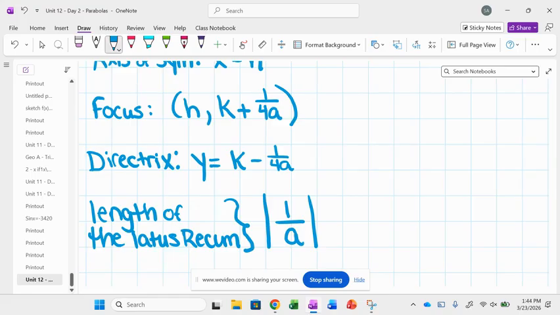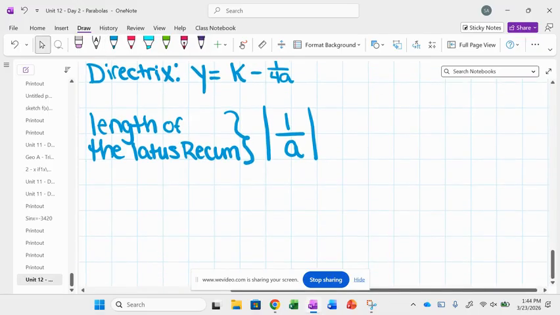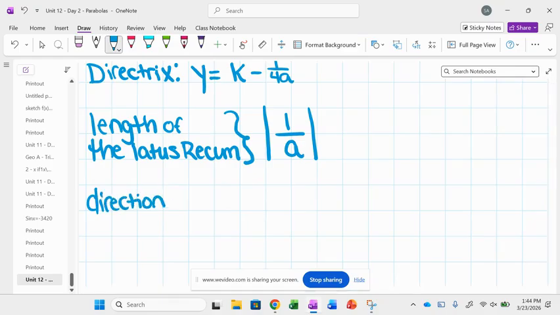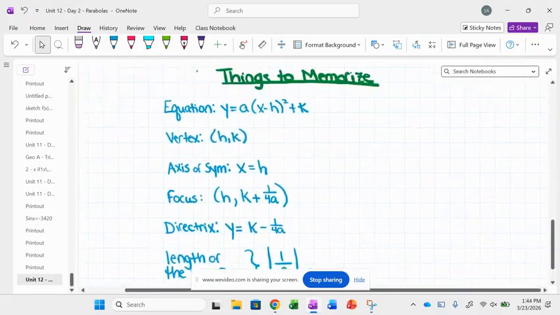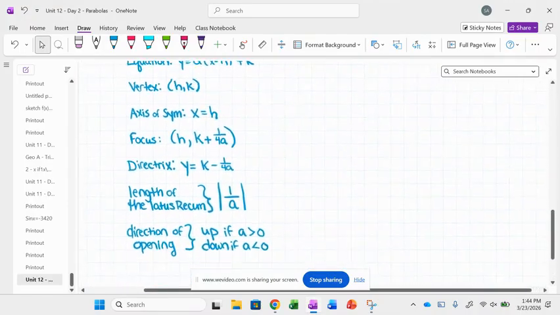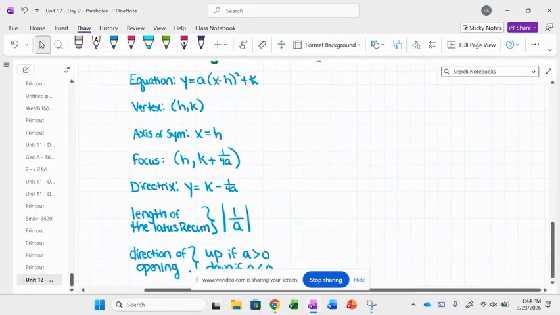Why do you think it's absolute value? Yeah, you can't have a negative length. And then the last thing we do know, direction of the opening. So we know up if a is greater than 0, and down if a is less than 0. So this is everything we need to memorize for our normal parabola.